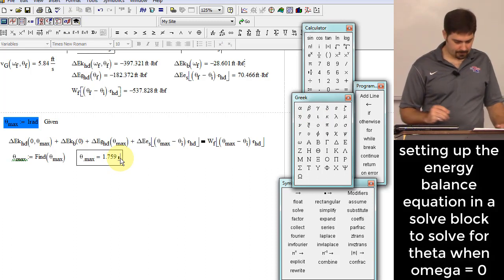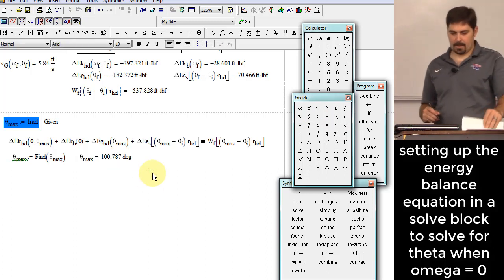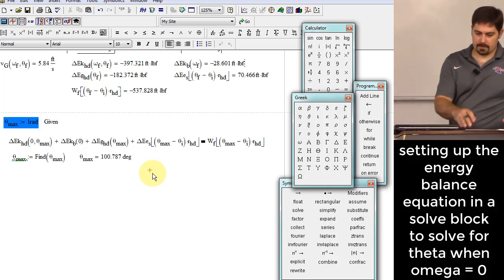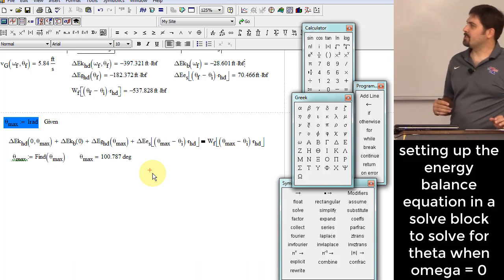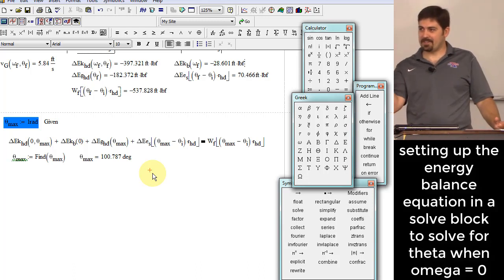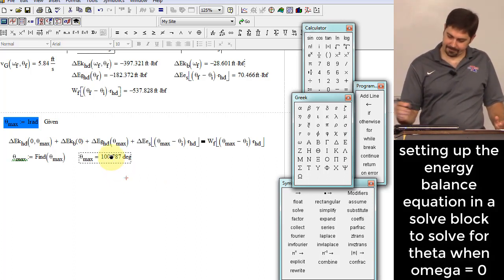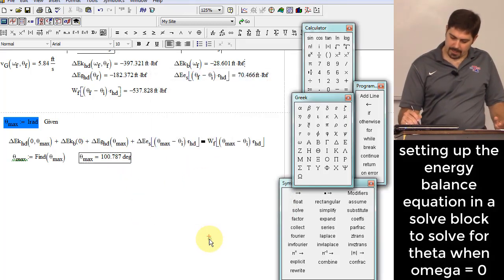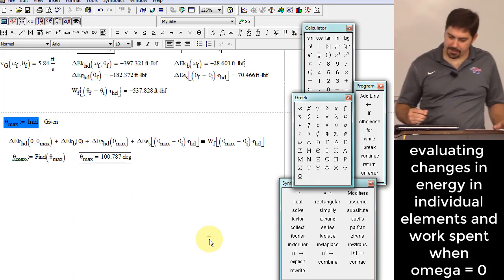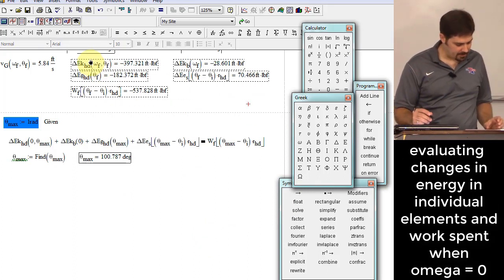Okay. And it says that it'll go basically about another 10 degrees or so beyond that 90-degree position that I looked at. All right. If you're curious where all the energy went, right, we can look at all of this stuff up here.